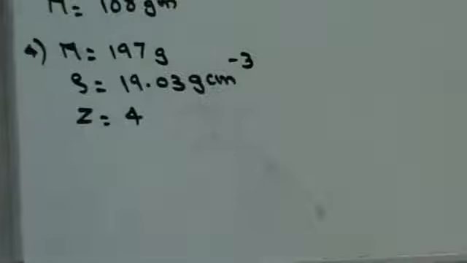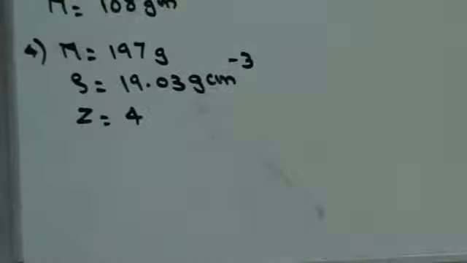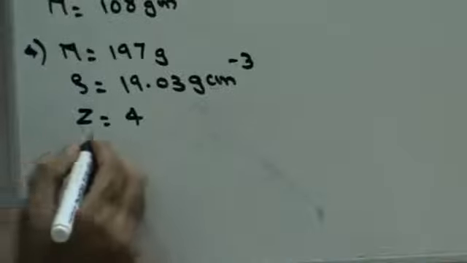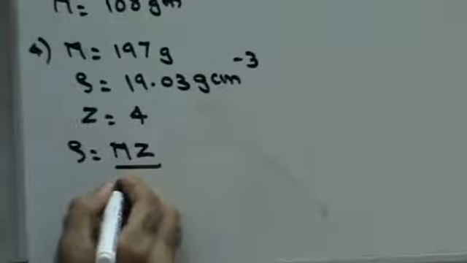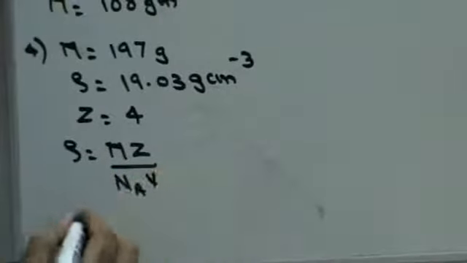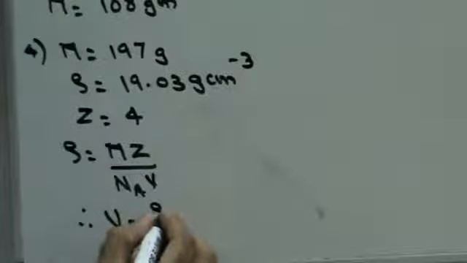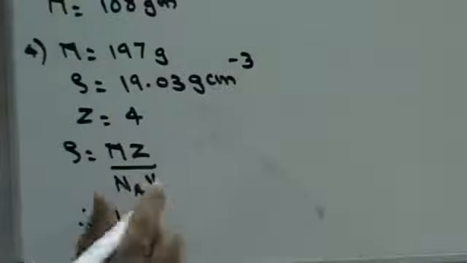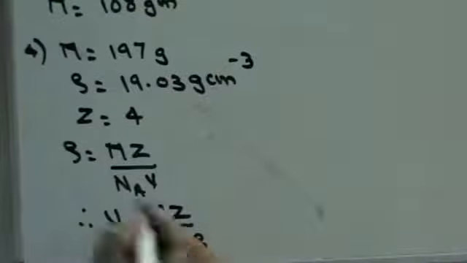Now let's see this. I want to find out the radius, so first of all, let's get the volume. Density is nothing but mz upon N_A into V. So V is nothing but mz upon N_A into rho.